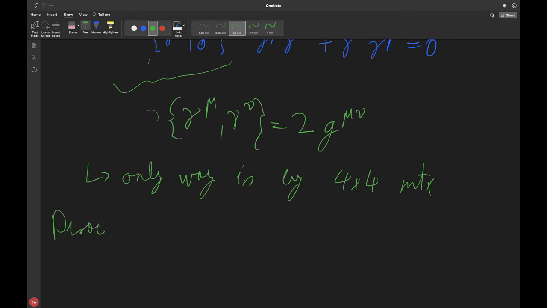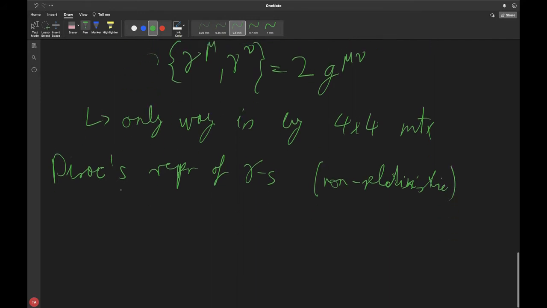So that's Dirac's representation of these gamma matrices. This is used usually when the energy is very low, so this is the non-relativistic version.